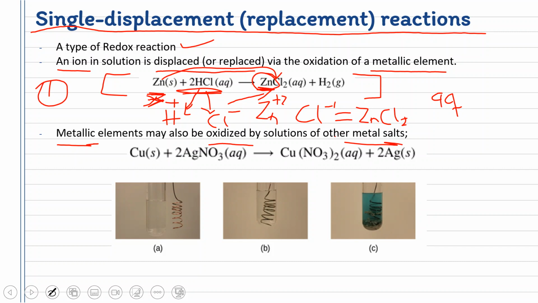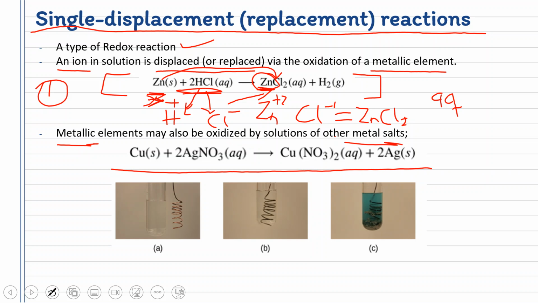The first type was just a metal replacing any different ion in aqueous solution. This time we are going to see one metal replacing another metal. So an example is what we see here. Now before we even go into the chemistry behind this example, let's just try and identify the metals, because the example is saying that one metal is going to replace the other.